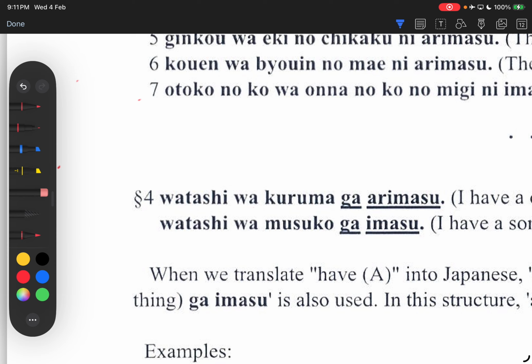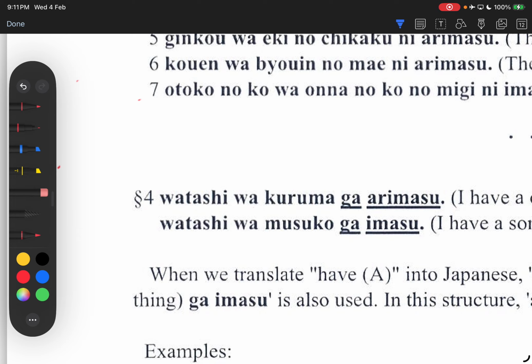Then you can say watashi no kuruma desu. My car desu. So what are you trying to say? This watashi no kuruma desu, like this is my car. Yes, this is specifying that you own a car. Right? I have a car.